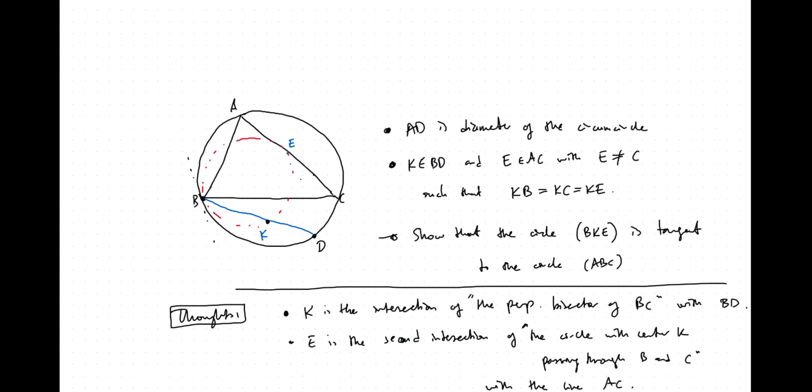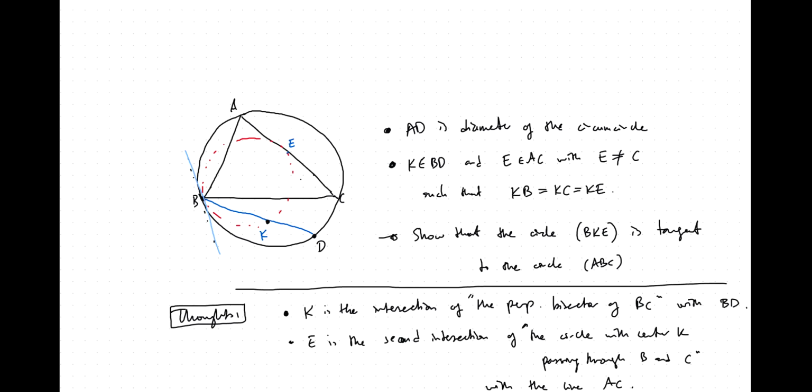So we have this tangent line. For this tangent line, we of course know what angle it makes with BC, for example, the line BC or line BA or any of them. But when it comes to BEK, how can we do this?